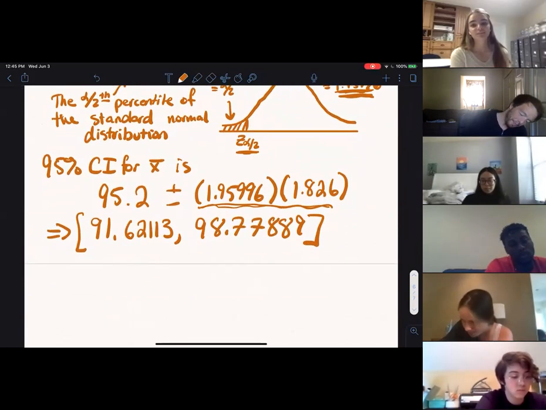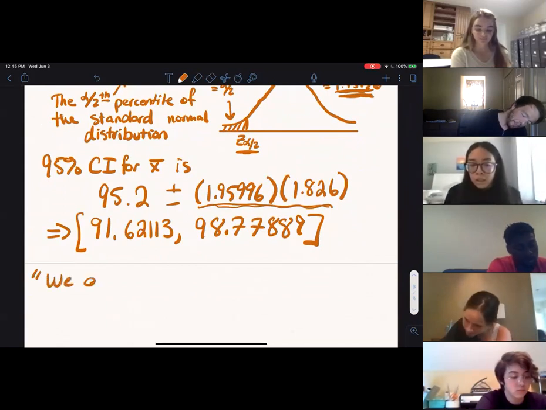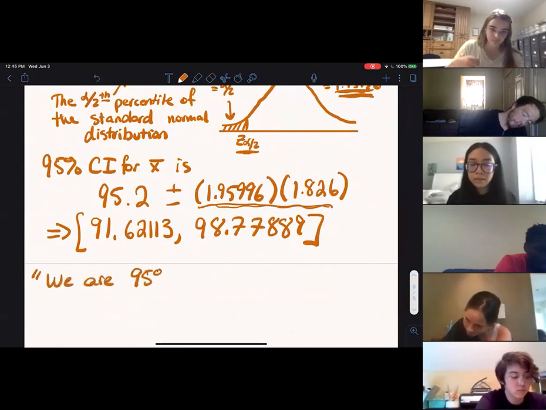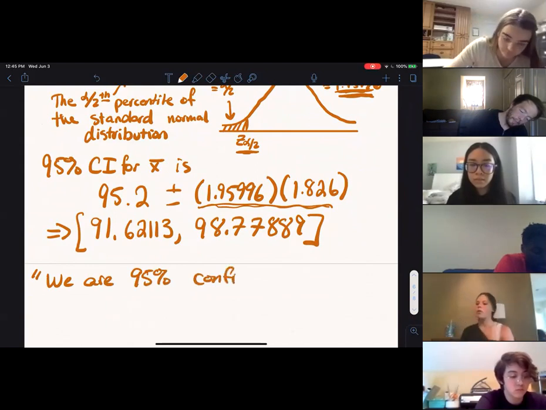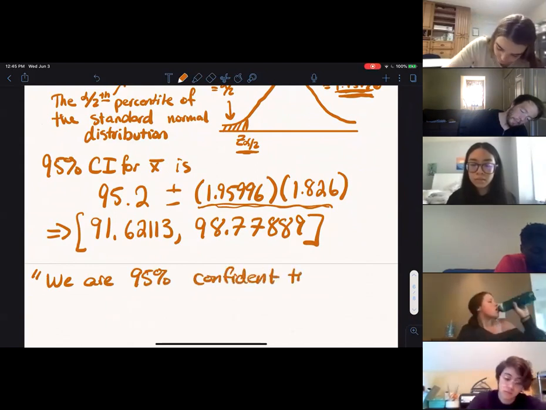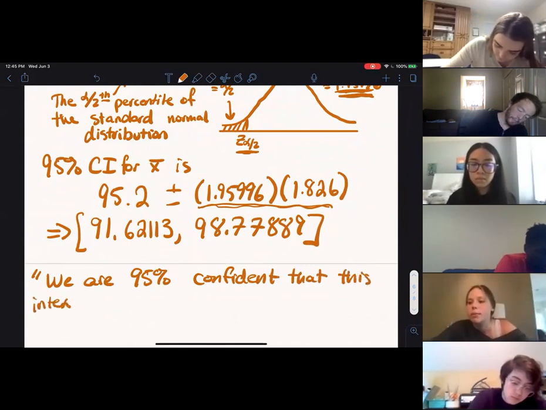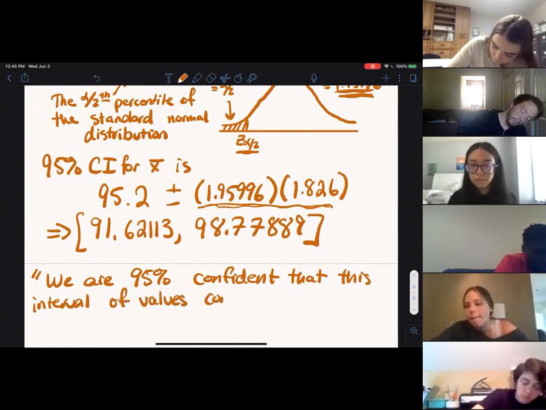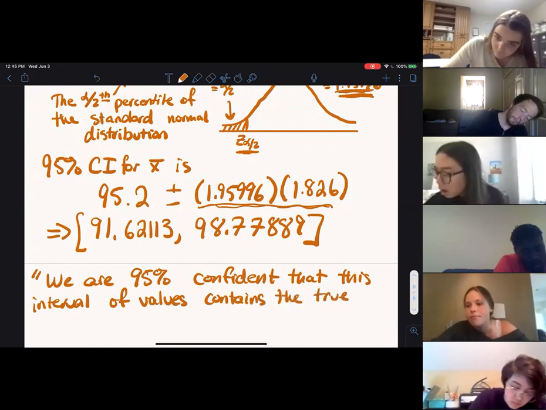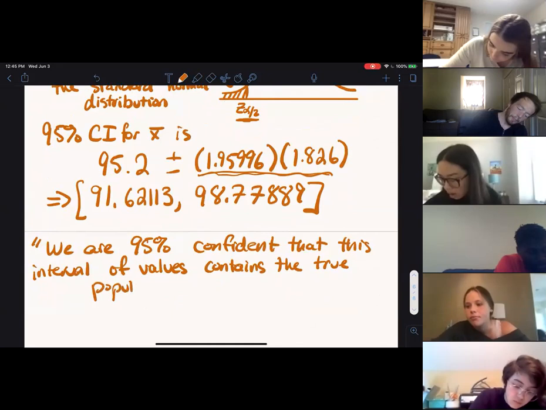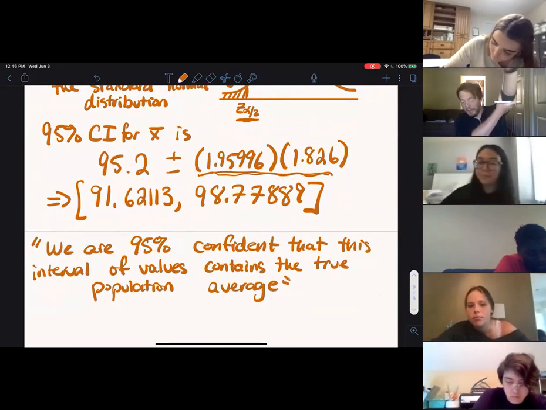So maybe I'll write that down. The true population average, which I think is a lot more informative.